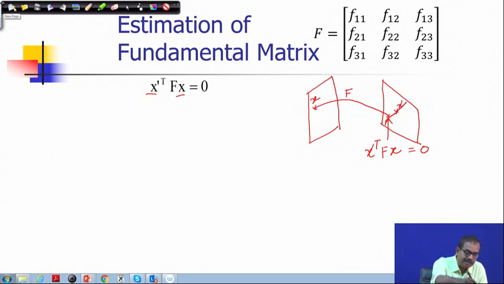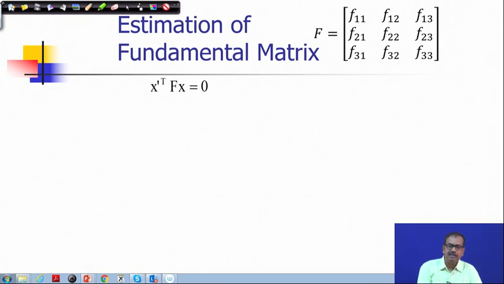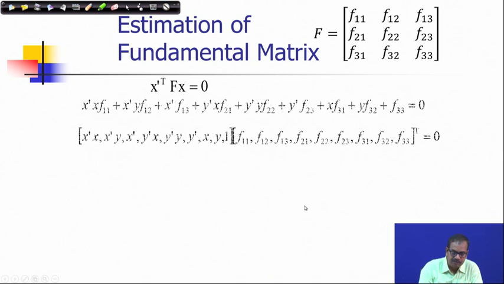Now we will see, using this property, how we can estimate a fundamental matrix given a set of image points. For that we need to know a few corresponding pairs of points. So, this is the problem now. This is the expansion of this particular equation.